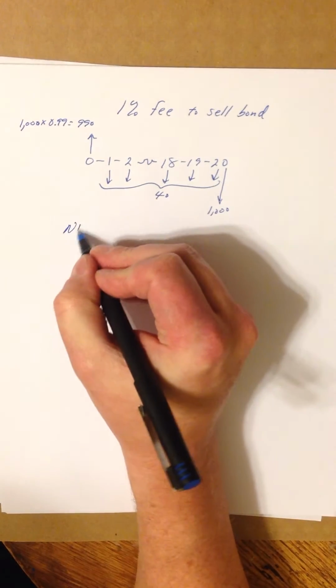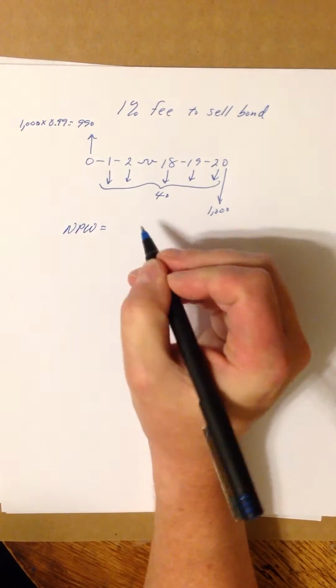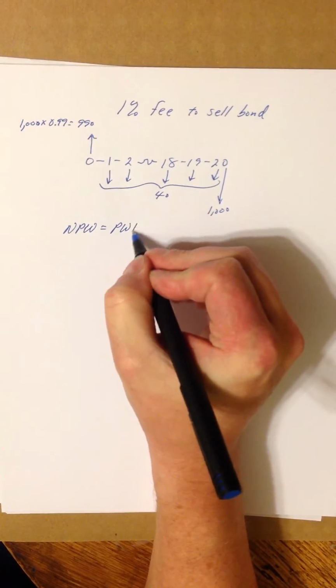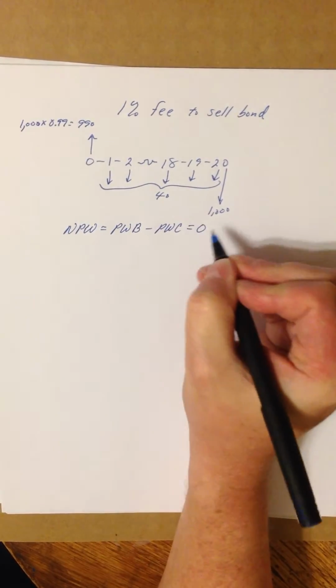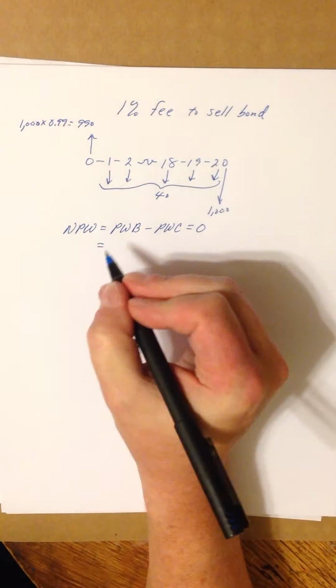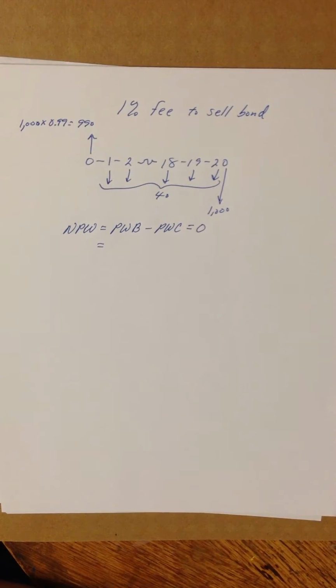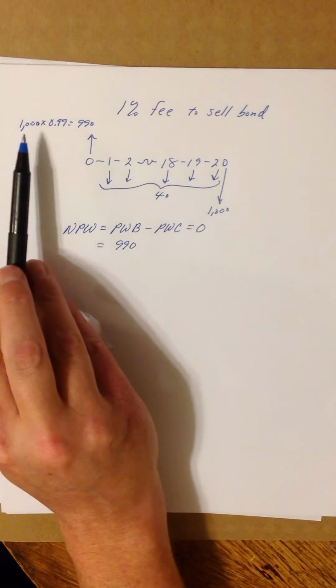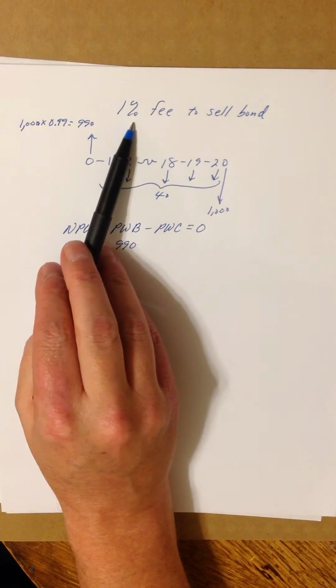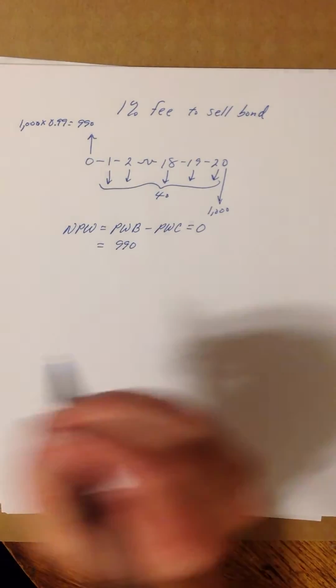To calculate that, we want to use the net present worth. We're going to consider the present worth of the benefits minus the present worth of the costs, and that's all set equal to 0. In this case, we only have one benefit at time 0, which is the $990 they're actually getting. Notice it's not the $1,000, because there's a transaction fee of 1%.